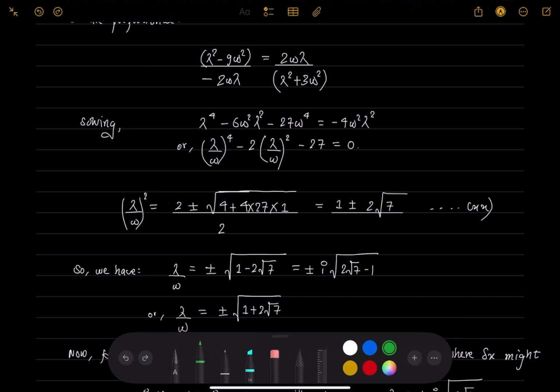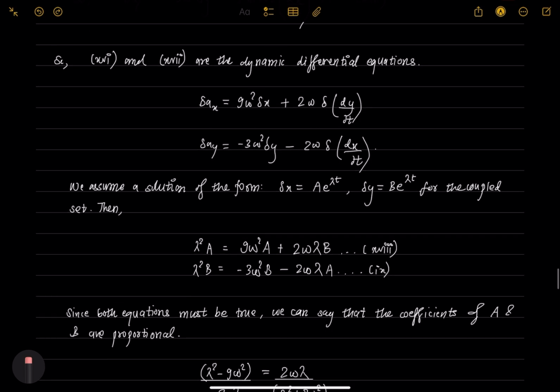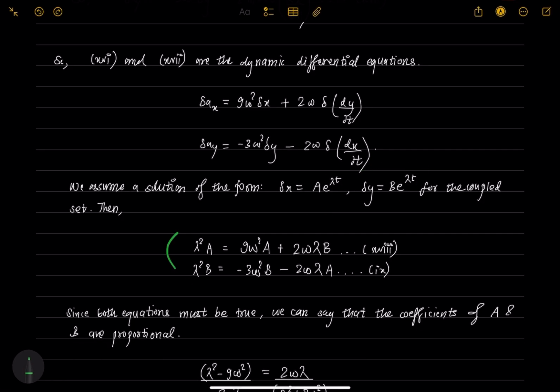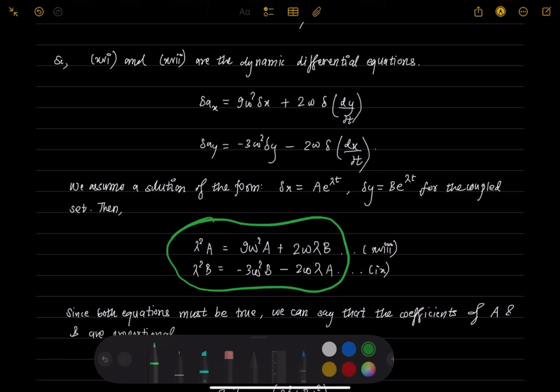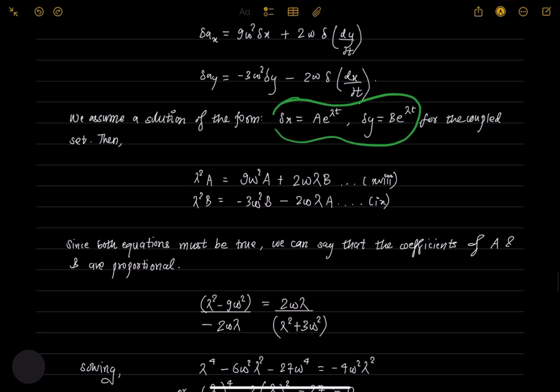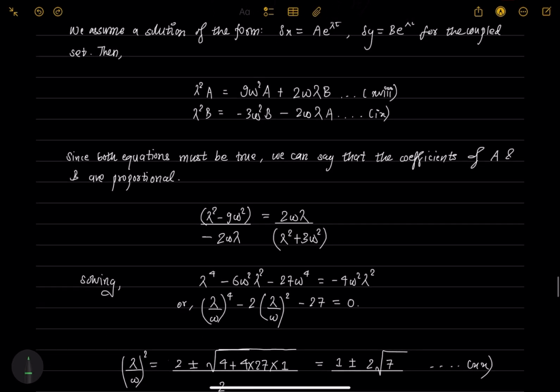which is the angular velocity of the binary star system. So what we basically did is that we assumed delta x and delta y to be given by this particular form of solution. Obviously, they need to satisfy the differential equations. And since both of them give values for a and b, their coefficients have to be proportional for these solutions to remain valid, because both have to be true.